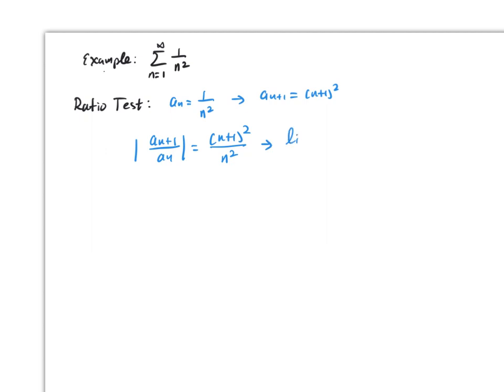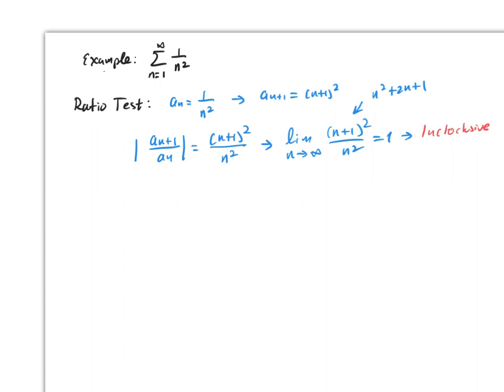But the limit as n goes to infinity of this is equal to 1. Why? Because n plus 1 squared is n squared plus 2n plus 1, and they have the same degree, and the coefficients are 1 and 1, so therefore the limit is 1. Since this is equal to 1, that implies the test is inconclusive. But inconclusive doesn't mean there is no solution. That means you cannot use this test to do it.